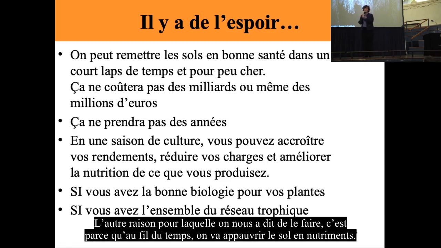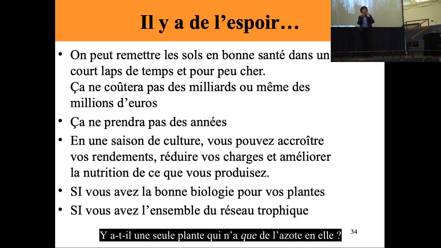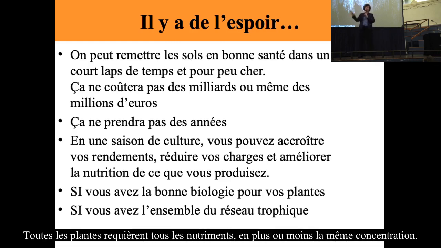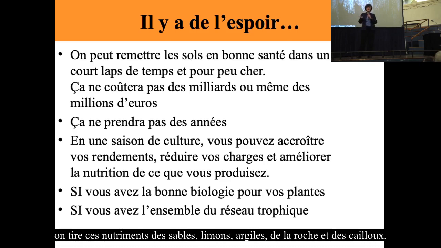The other reason we're told we have to rotate crops is because over time we're removing all the nutrients from that soil. Excuse me? Is there like one plant that only has nitrogen in it? Only phosphorus? All plants require all of the nutrients in more or less the same concentrations. And if we maintain the biology in your soil, we're pulling those nutrients out of the sand, out of the silt, out of the clay, out of your rocks, out of your pebbles.